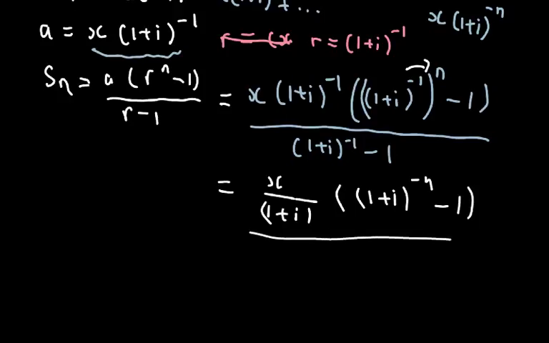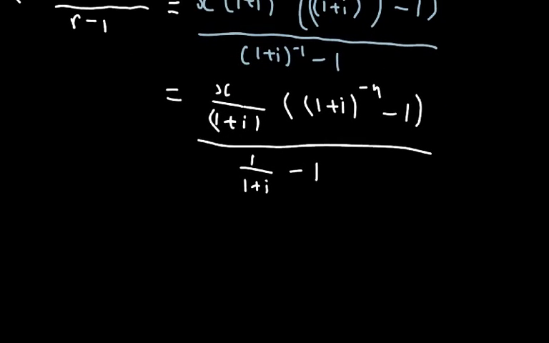Over the main denominator, I'm going to do the same trick and bring this below the line. This is going to become 1 over 1 plus i, to the power of positive 1, which we don't need to write, minus 1. Take a moment to convince yourself of that.